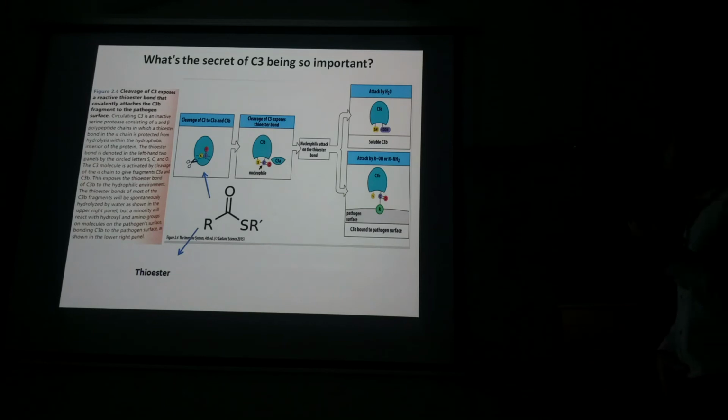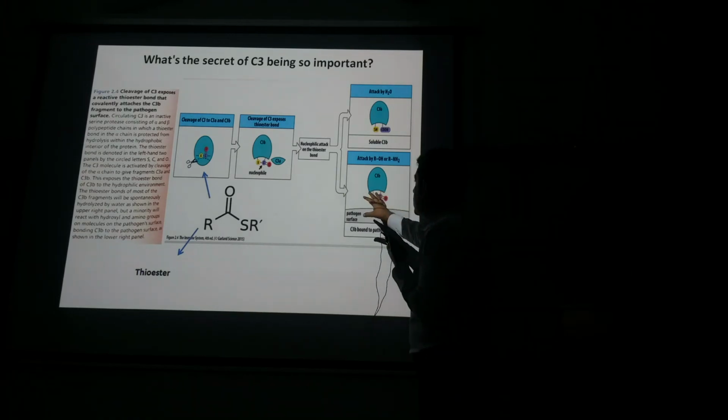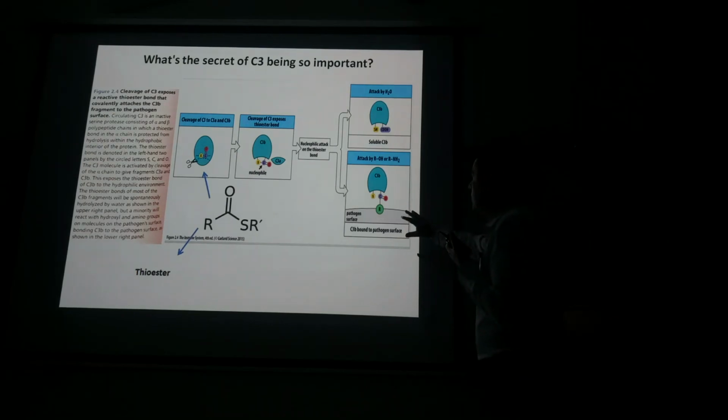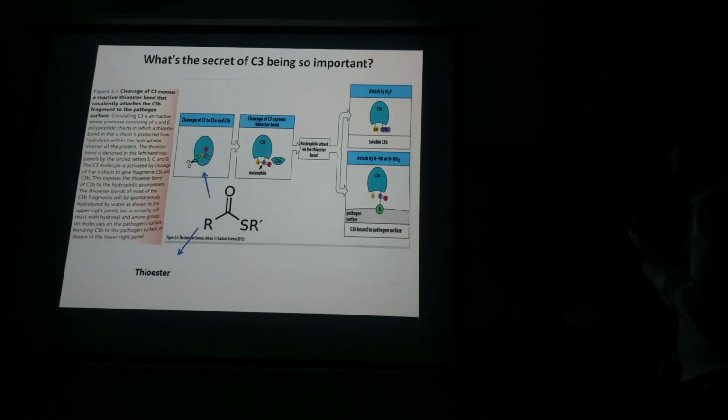Okay. And on the other hand, this can also be attacked by amino acids. The NH2 group can also attach here. So if the water molecules attach to the thioester linkage in C3, it would result in a soluble C3b.